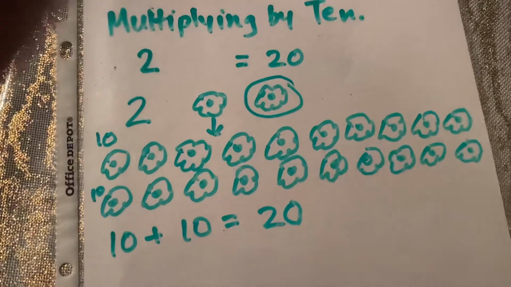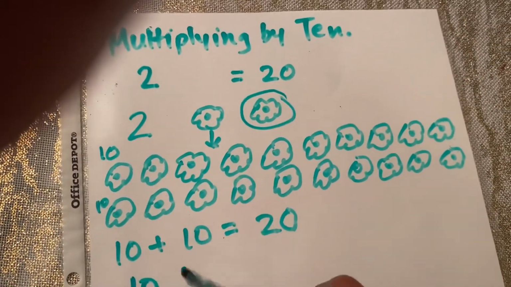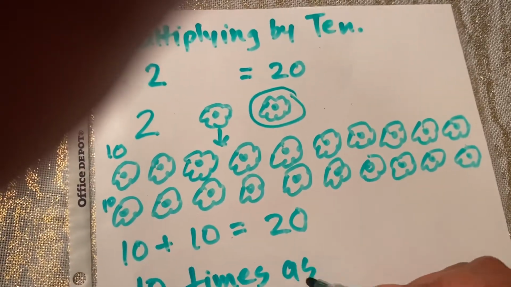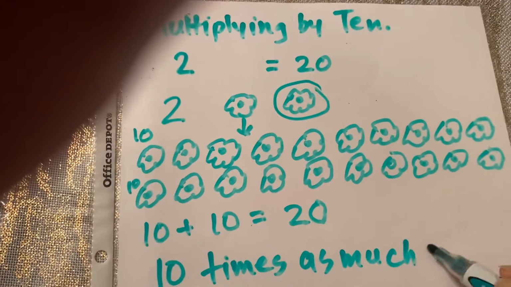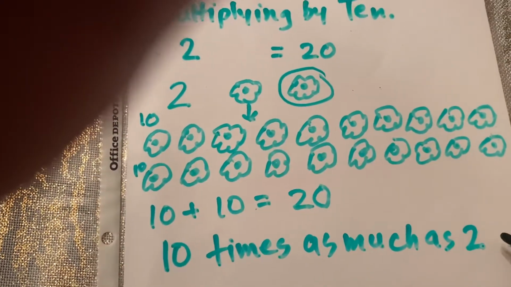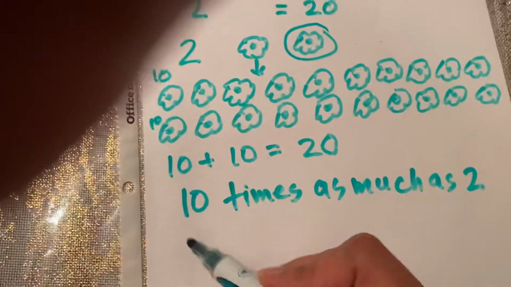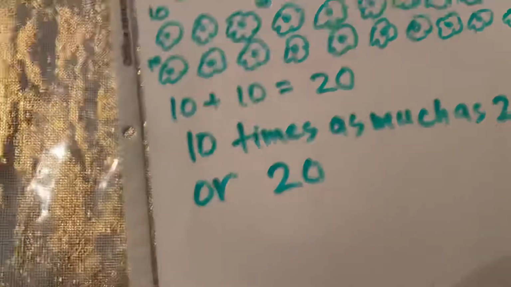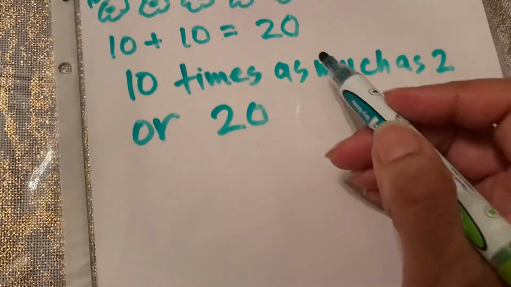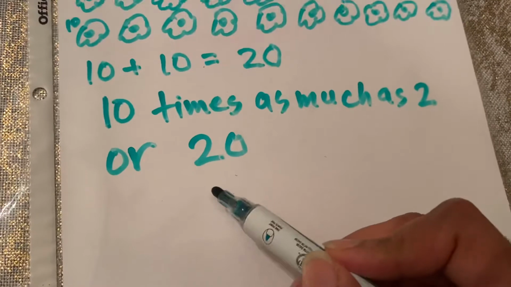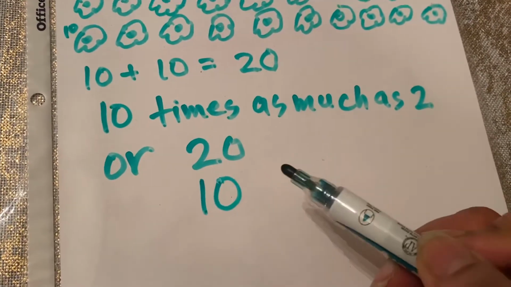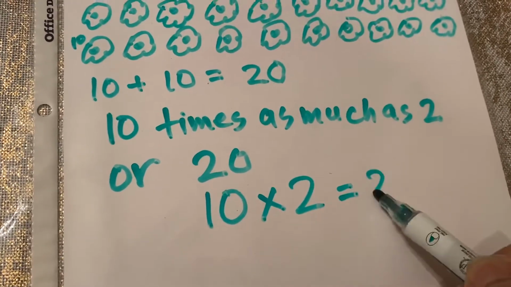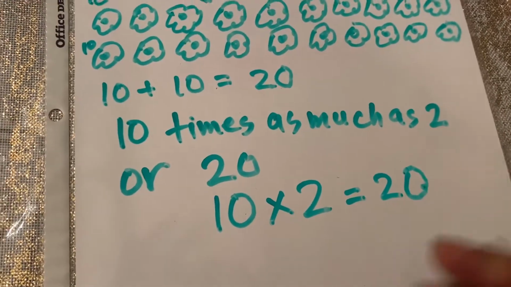So I would say I have 10 times as much as 2, or 20, and I can write it in my multiplication form or math equation, which would be 10 multiplied by 2 is 20.